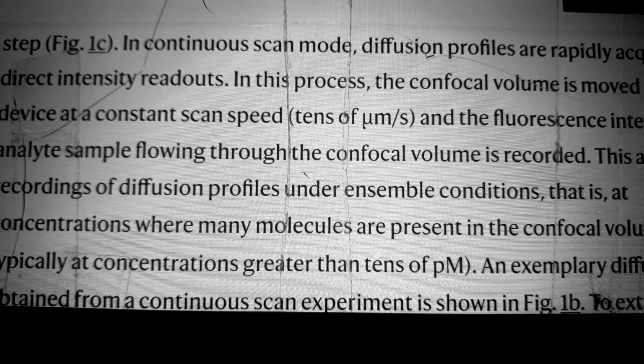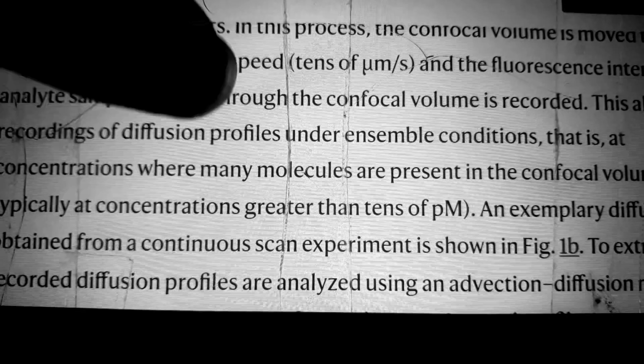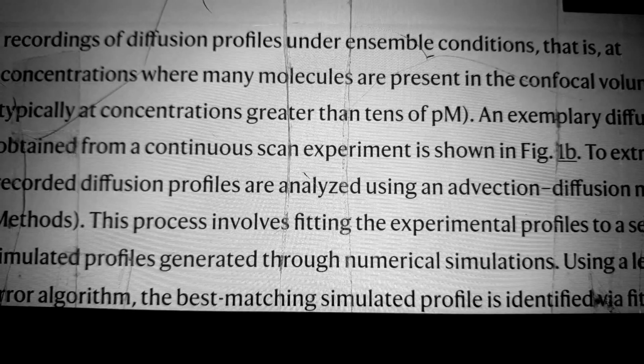In this process, the confocal volume is moved through the device at a constant scan speed, tens of micrometers per second, and the fluorescence intensity from analyte sample flowing through the confocal volume is recorded. This allows swift recordings of diffusion profiles under ensemble conditions, that is, at concentrations where many molecules are present in the confocal volume, typically at concentrations greater than tens of pM.